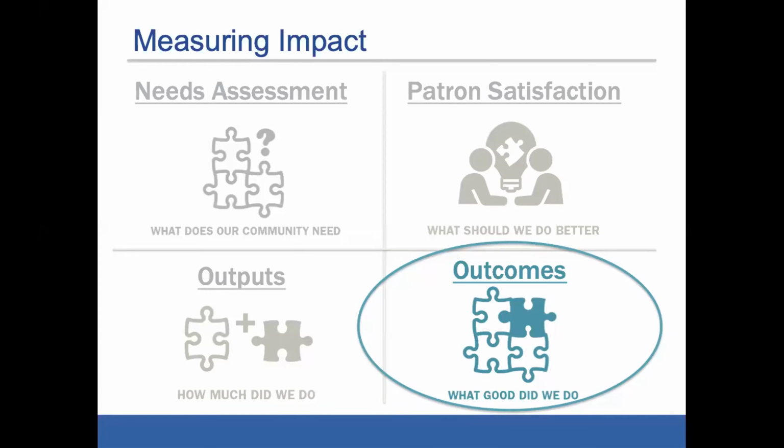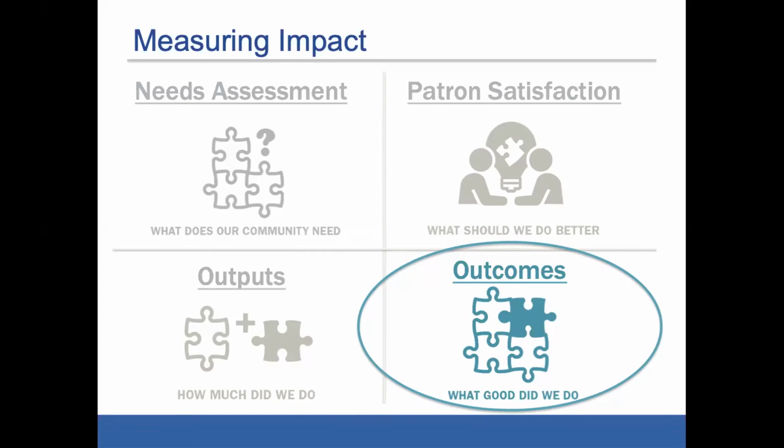Different types of impact measurement can help you understand different questions that you may be seeking to answer. So the needs assessment helps answer the question, what does your community need? Patron satisfaction can help you learn what you should do better. Outputs will help you figure out how much you did do. And outcomes can help you answer the question, what good did we do?